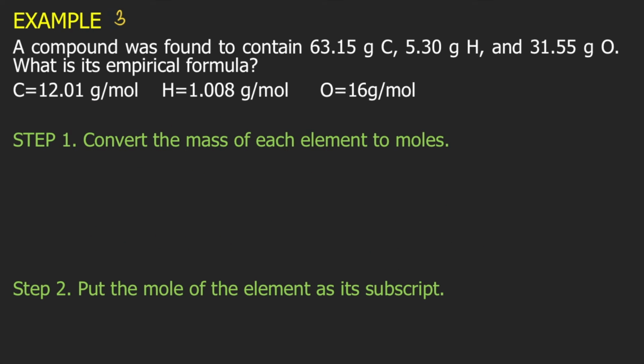For our last example, a compound was found to contain 63.15 grams of carbon, 5.30 grams of hydrogen, and 31.55 grams of oxygen. What is the empirical formula? Again, step 1, convert the masses into moles. Moles is equal to mass divided by molar mass. Let's start with carbon.